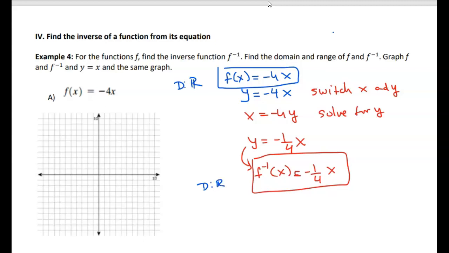Let's graph them. So negative 4x, y-intercept is 0. Negative 4 is 4 down and 1 across, so this is a straight line going like this.